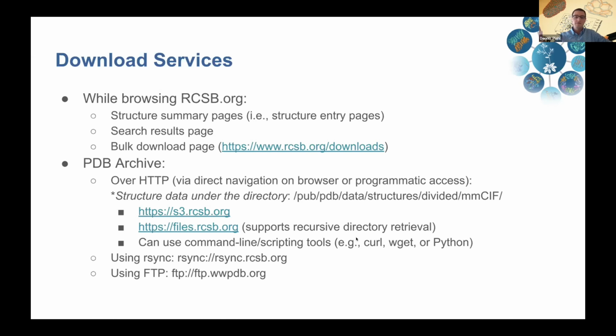And since the theme of this workshop is structured data, I wanted to emphasize that the structured data is located under this directory here. I'll give a quick demo of how to get there too, but this is where you can find a lot of the structured data. You can also use rsync and FTP.